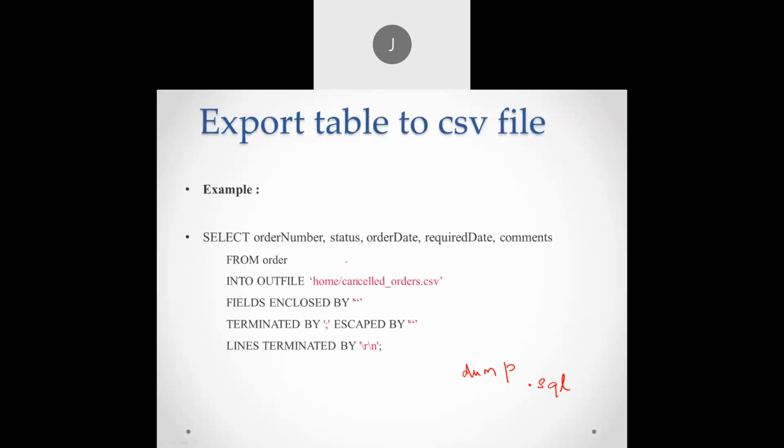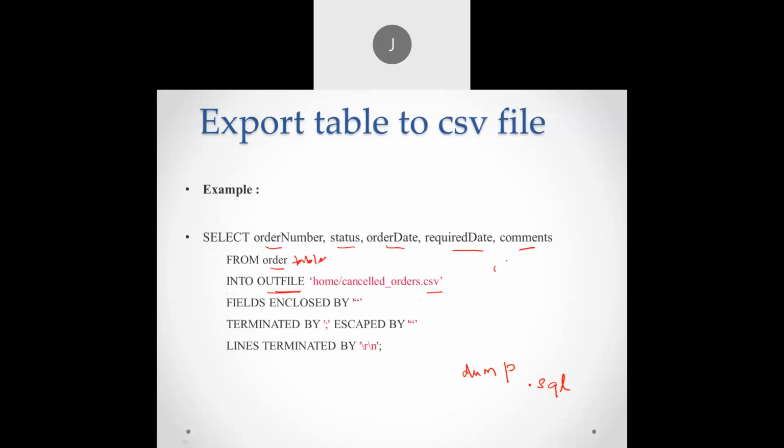If you want to export particular columns, you can do it into a CSV file using select, whichever table name, and whichever columns you want to export into a CSV file, that you can give. But you have to write into outfile and give the path, and you will mention in your outfile how the values will look.